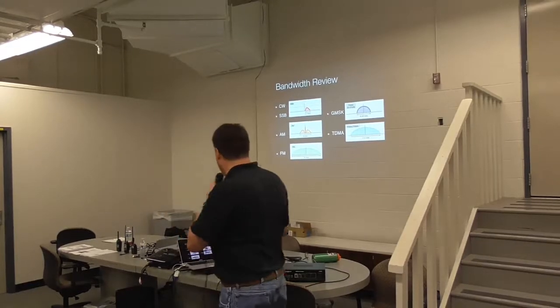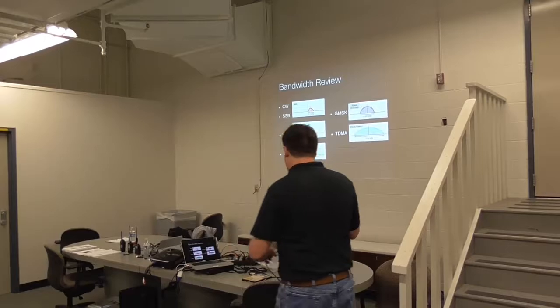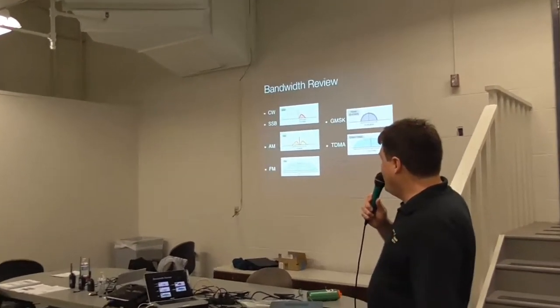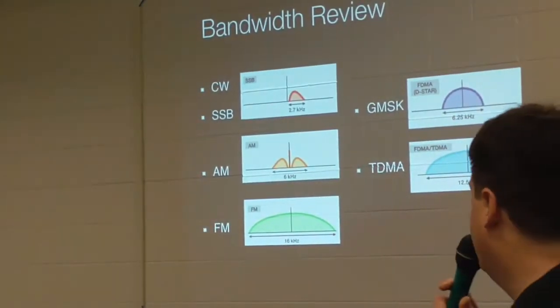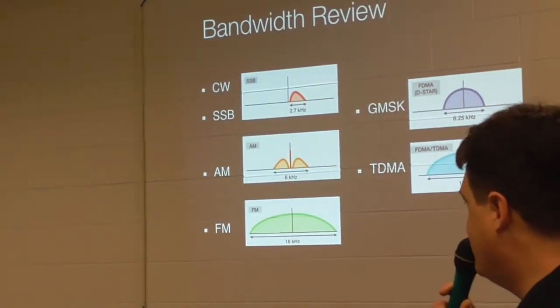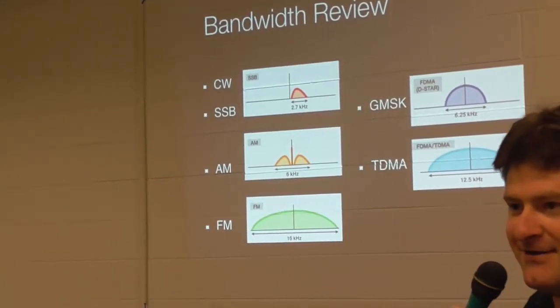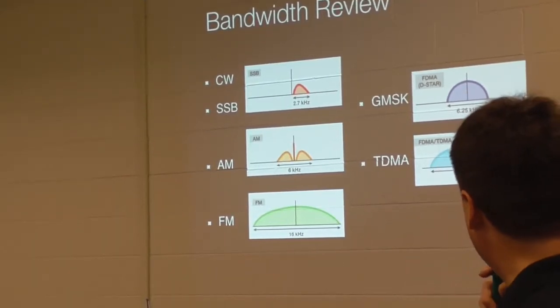So this is just kind of an overview as to some of the bandwidths, so you can visually compare them. We've got CW 2.7 kilohertz wide, AM is 6, FM is actually probably a little bit wider than that. It's safe to say 25, just in case, but it's probably right around 16, 20 kilohertz.